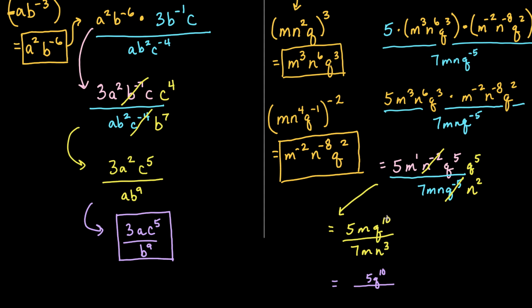Let's do this in alphabetical order: 5 over 7, and then we have m's, they go away. N is next. N is on the bottom because there's no more. And then q stays up here because there's no more q's. Cool, that's it. Thank you.